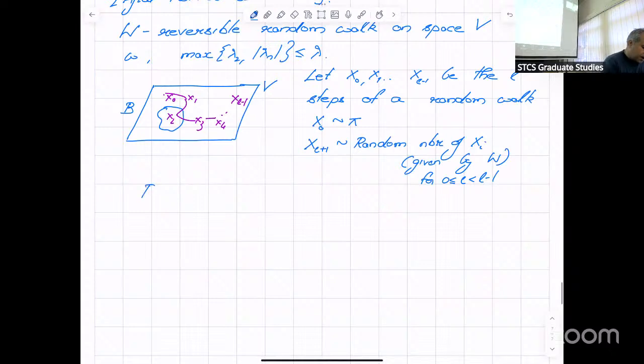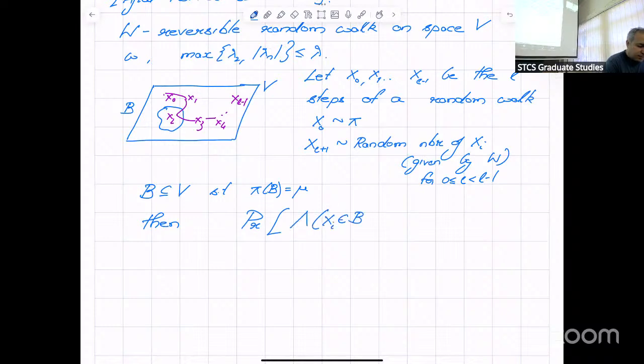And B is some subset of V such that the density of B is mu. What we're going to ask then is, what is the probability that all the xi's lie in B? This is the probability that you get accepted, where every single step happens to be an erroneous thing.